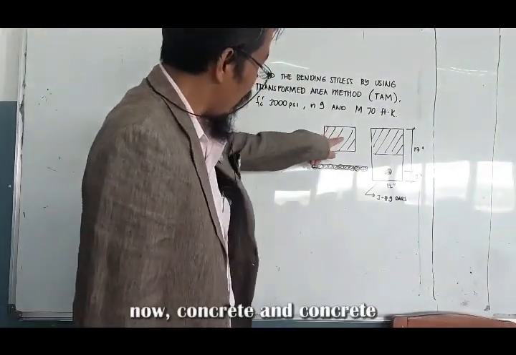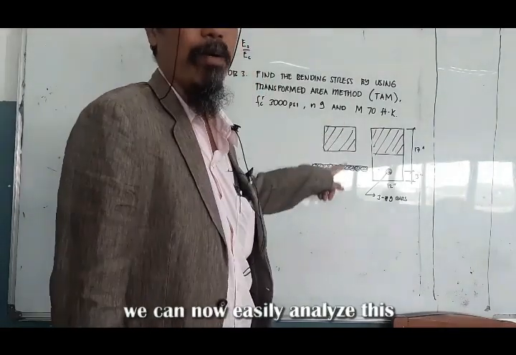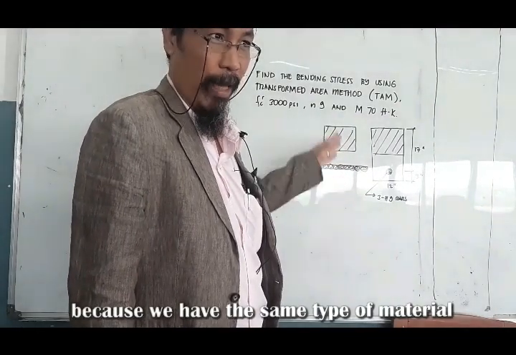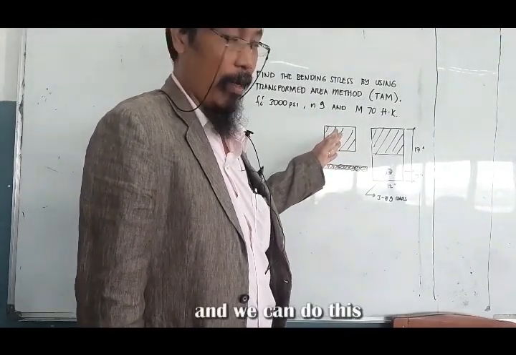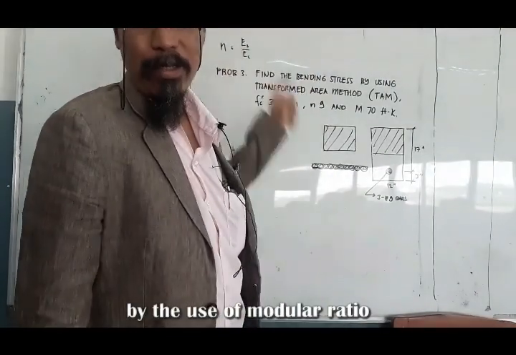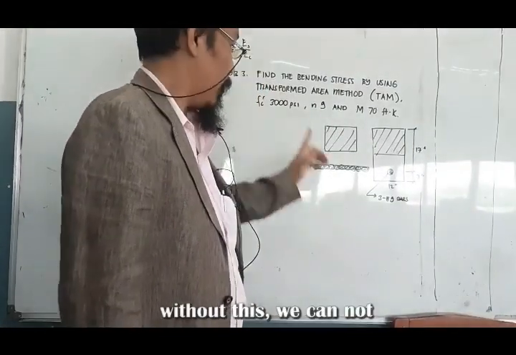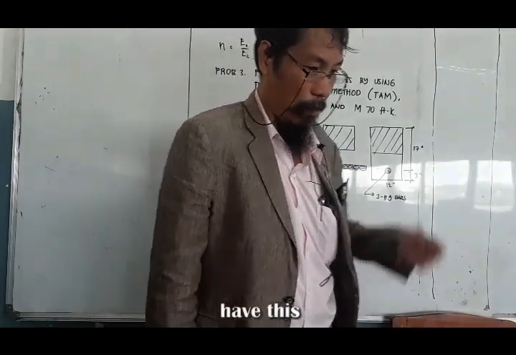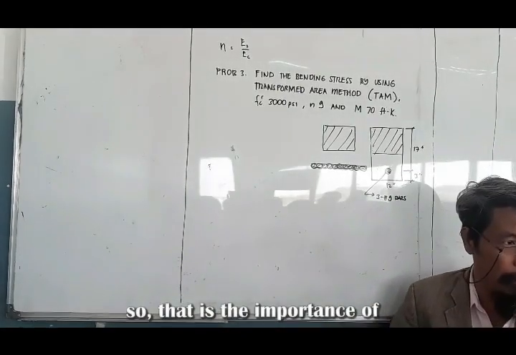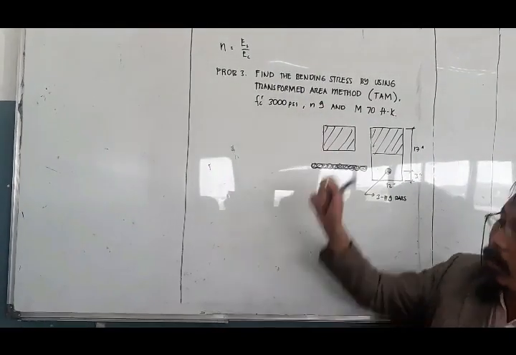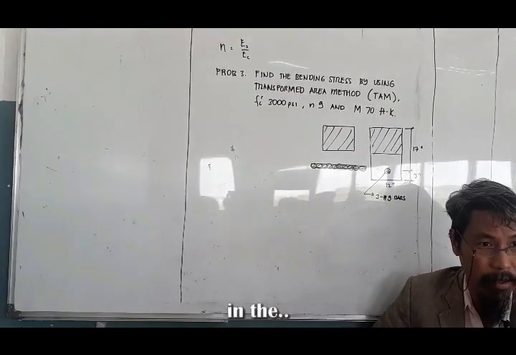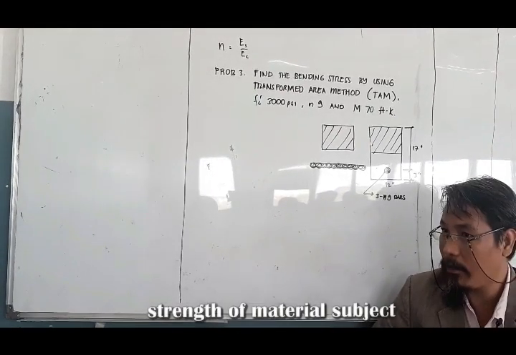Now, concrete and concrete, we can easily analyze because they are the same type of material, and we can do this by the use of the modular ratio. Without it, we cannot have this analysis. That is the importance of the modular ratio. This is still in the strength of materials subject.